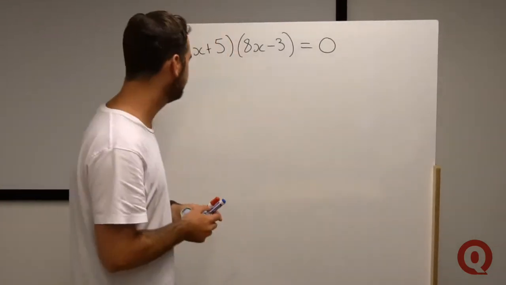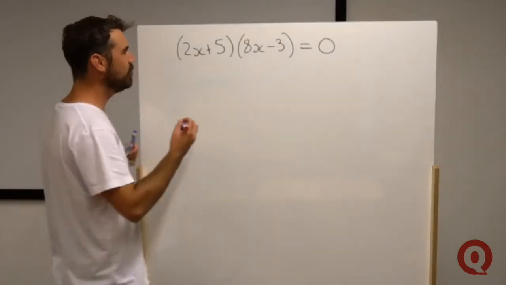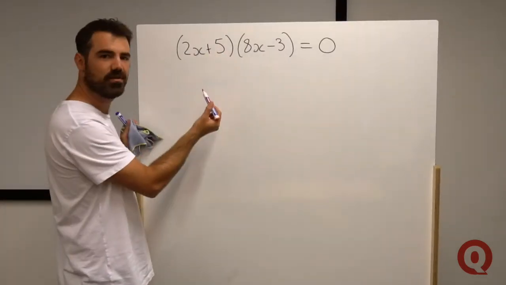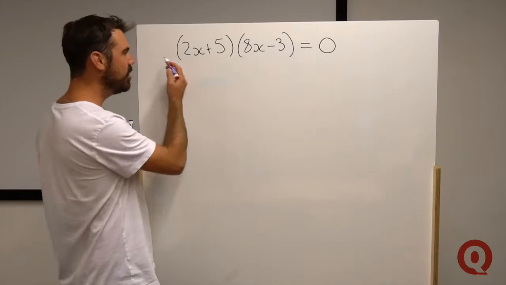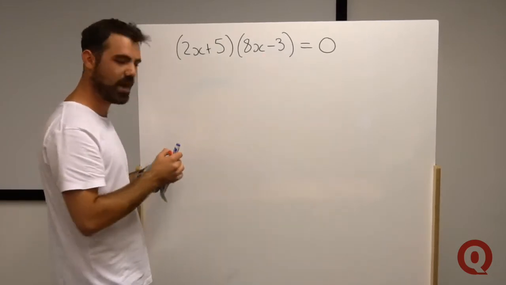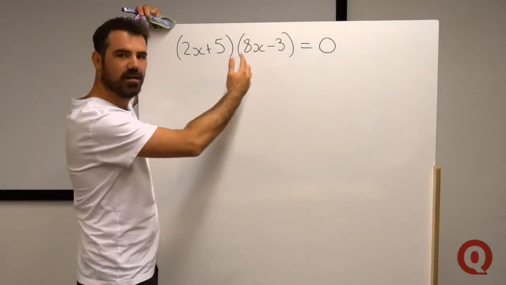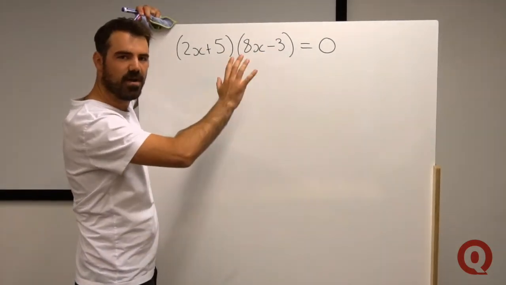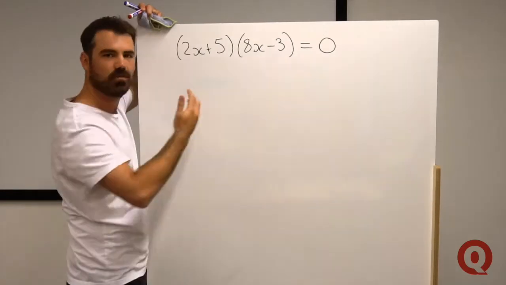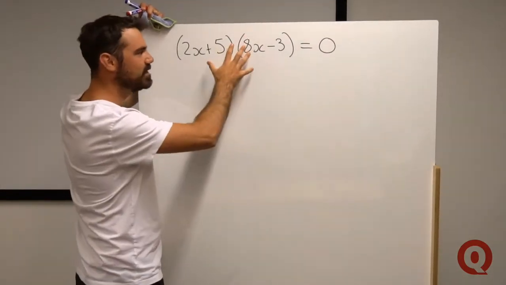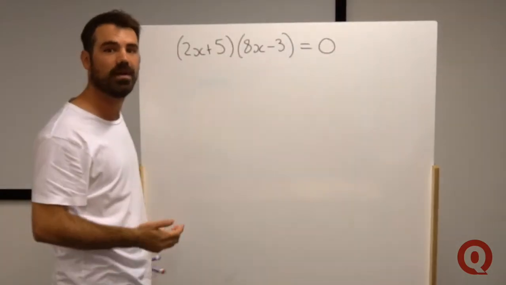So what we need to do here is that we know if we can make this bracket equal to 0, then we know the whole thing will be 0 and it'll be true. And that would be one of the values of x. If we were to make this bracket over here somehow equal to 0, that would be perfect, because then our whole equation would ring true again. And this multiplied together would be 0, which is what we're looking for.